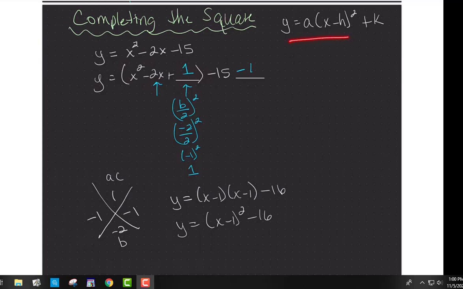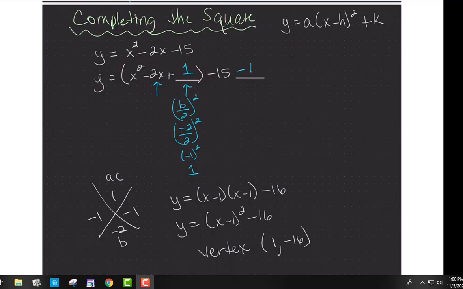Did I get it into that graphing form? Yeah. And now I can see what my vertex is. What's my vertex going to be? X is going to be 1, and y is going to be negative 16. Not too bad.